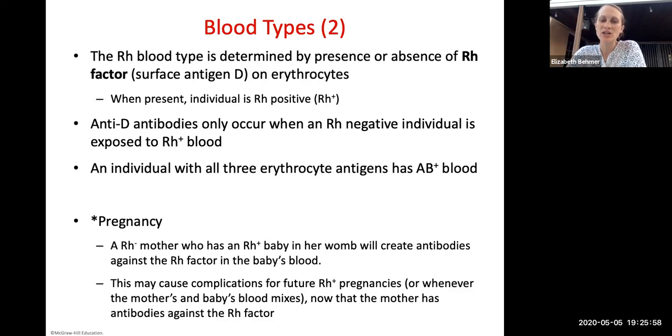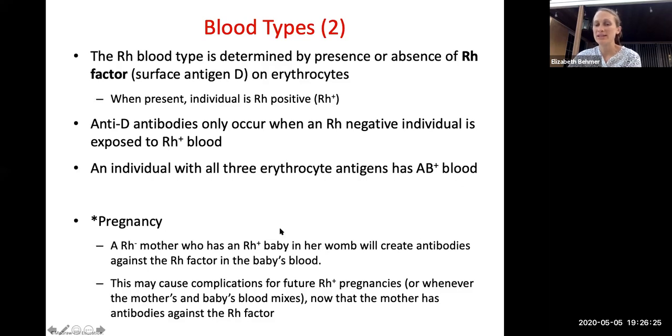So Rh negative, when is this ever a problem? In pregnancy, if a mother is Rh negative, say A negative, she doesn't have that D antigen on her red blood cells, and she doesn't have antibodies against it until she's exposed to Rh positive blood. So she could have a baby with Rh positive blood thanks to her partner, the baby's dad.